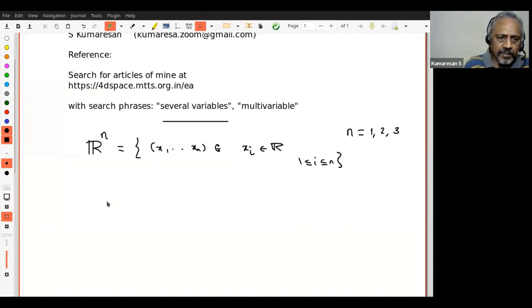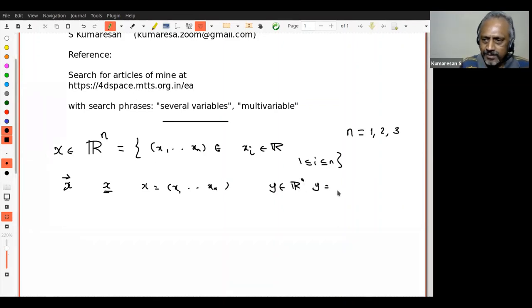Any element of Rn, I will simply write as x, not x vector, and not in boldface like a textbook. When I write x is in Rn, it stands for the n-tuple. Given any element of Rn, I will call it a vector.